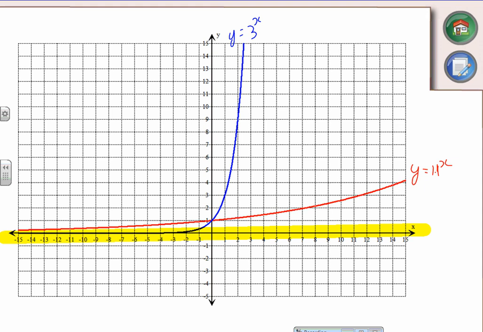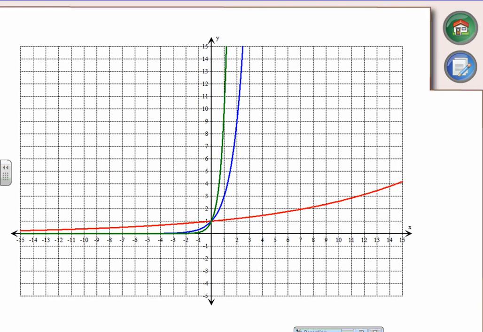Even though it kind of looks like that blue one goes right along the axis, it's just with our scale. It's getting ever so close to it, but it ain't crossing it. That's an asymptote. And then, ooh, look at the y-intercept. They both have the same y-intercept. Interesting. Let's look at the third one, see if it can shed some light on this.